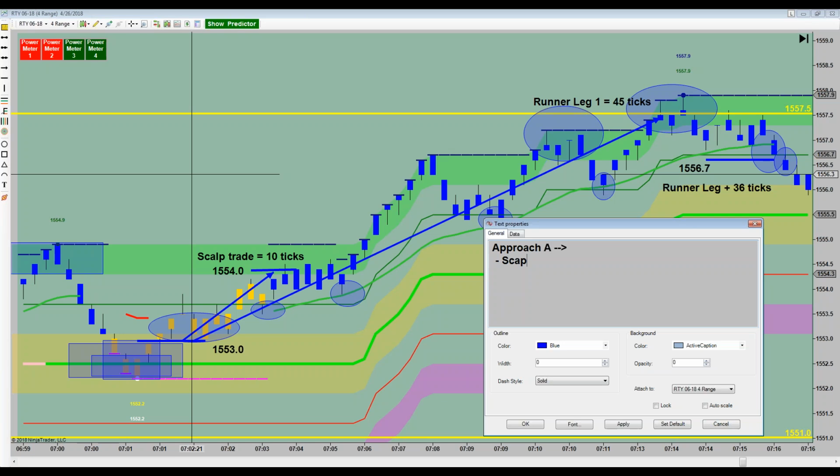Approach A had the scalp in there, so that's 10 ticks. And it had the runner, which stopped out over here at 1556.70, which was 36 ticks. Everybody following me here on this trade? Approach B, on the other hand, had 2 runners.